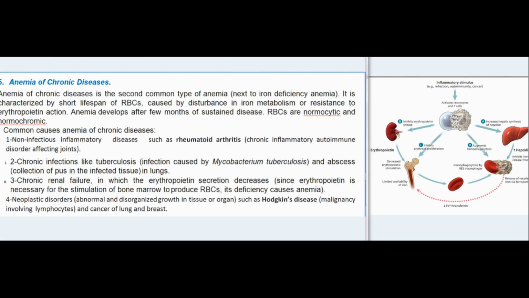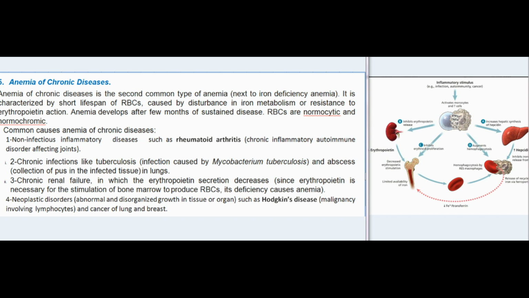Anemia of chronic diseases. Anemia of chronic diseases is the second common type of anemia, next to iron deficiency anemia. It is characterized by short lifespan of RBCs, caused by disturbance in iron metabolism or resistance to erythropoietin action. Anemia develops after few months of sustained disease. RBCs are normocytic and normochromic.